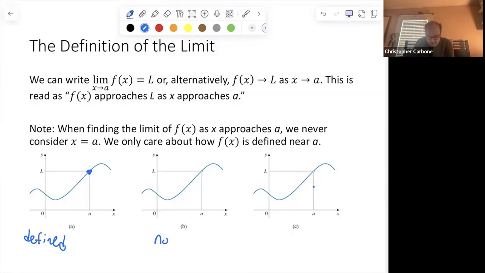There's an open circle there, which may be hard to see, but that's exactly what happened. The one here on the right defines it, but the problem with that definition is that the point, while there is one, does not agree with the actual function.